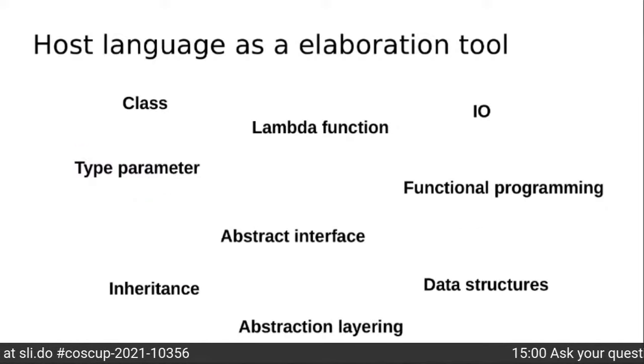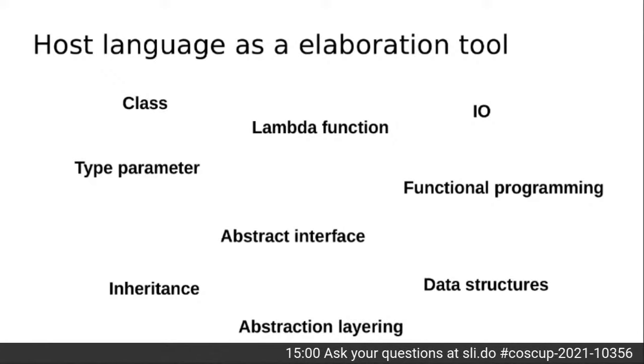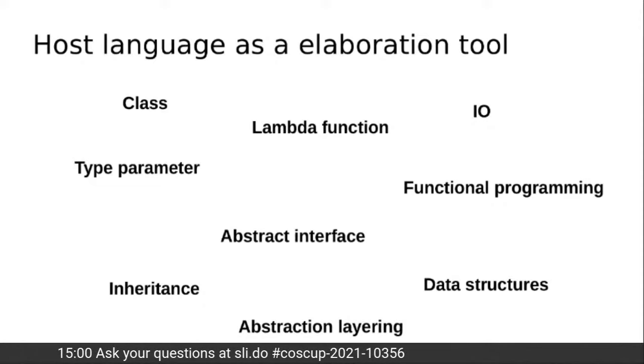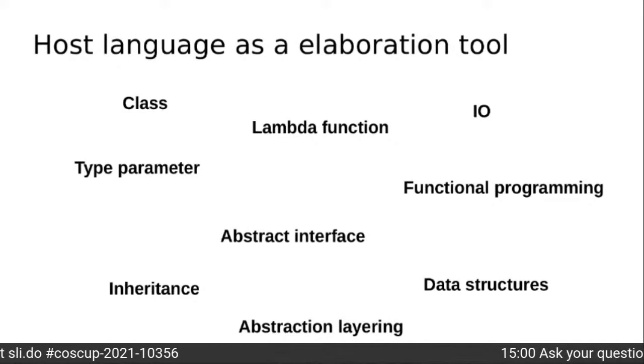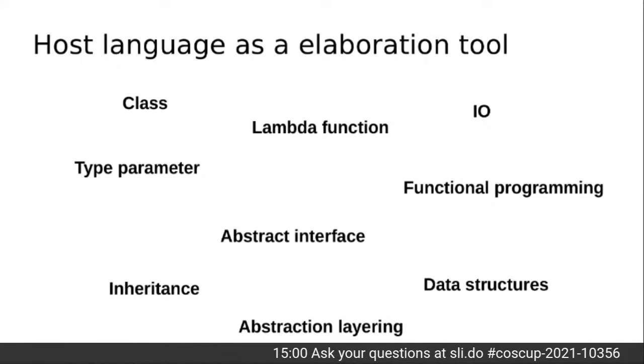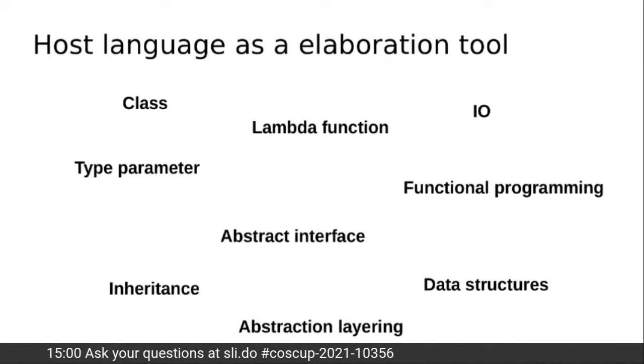So yeah, like I said, all the features of software we can use, like classes, type parameters, lambda functions, I/O, like reading and writing files. It can seem stupid, but in VHDL and Verilog, that's not something you can always do because the tools will not necessarily support it. Functional programming, abstract interfaces, inheritance, and abstraction layers are also a strong point of it.